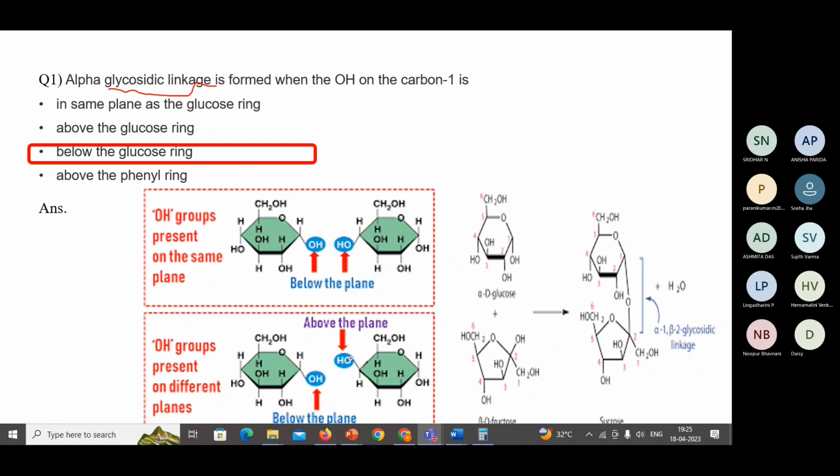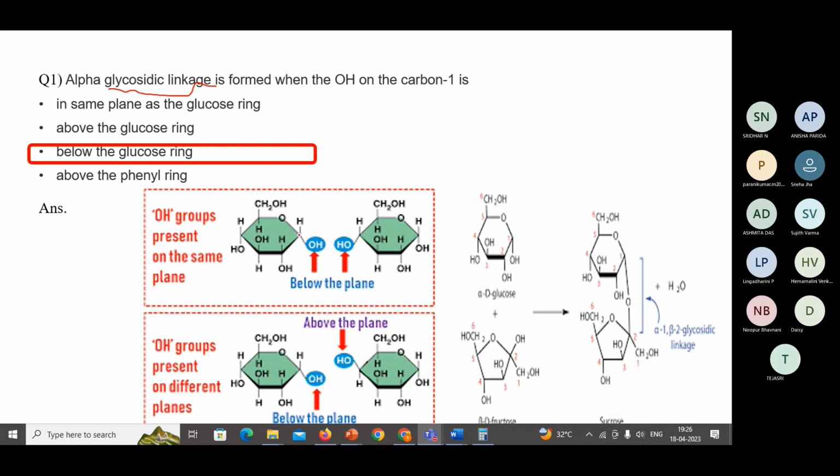And if one is above the plane and another one is below the plane, then the bond formed through the glycosidic linkage, which is shown in this particular image, is different. When both the OH groups are present below the plane, then this is known as alpha, and when one is above the plane and another one is below the plane, then it is known as beta glycosidic linkage.